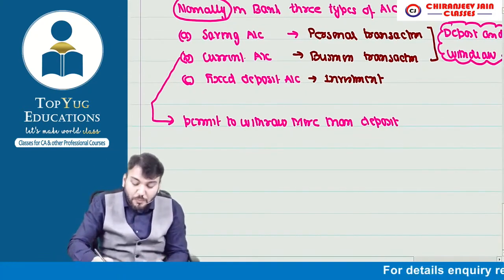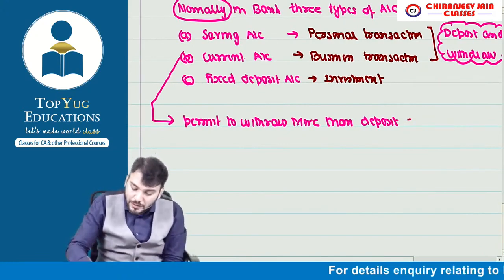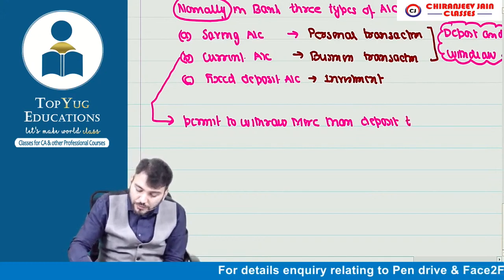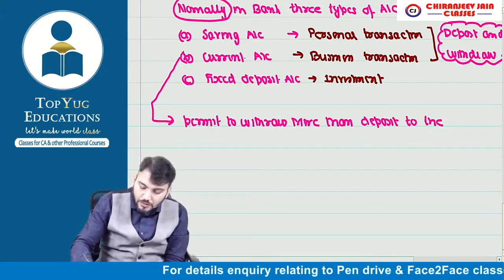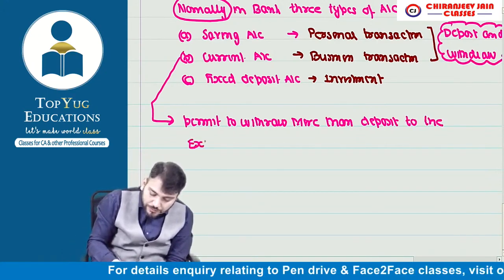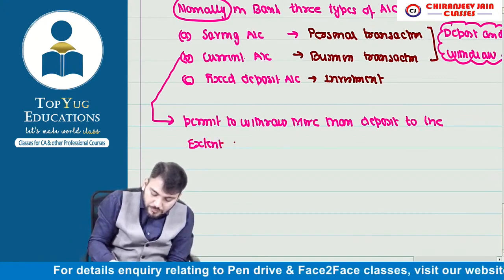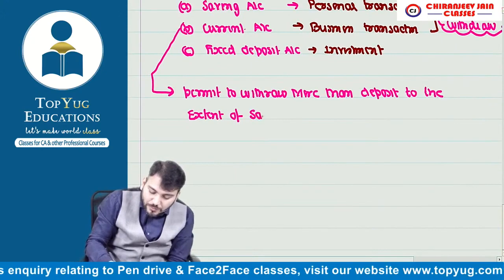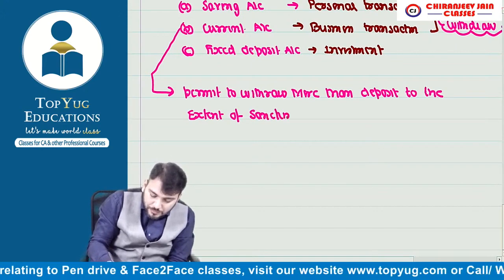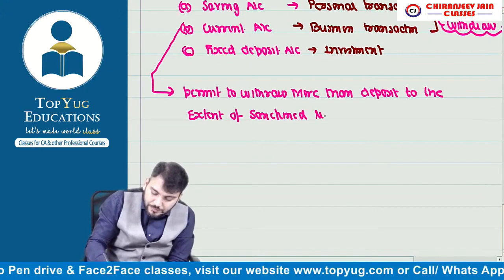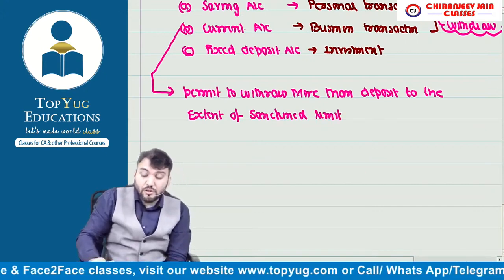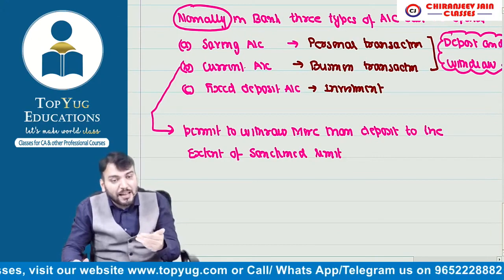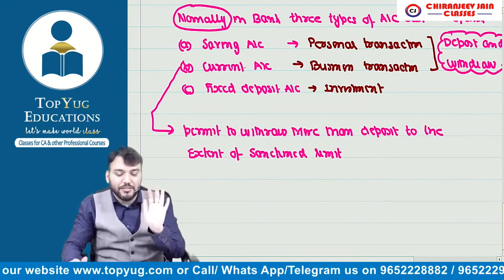So the bank permits to withdraw more than deposit to the extent of the sanctioned limit, correct? So if the withdrawal is more than deposit, it means that the bank account can have a credit balance also.